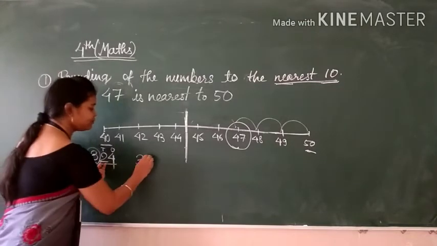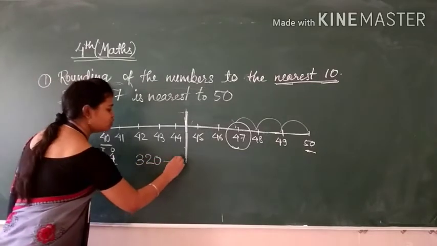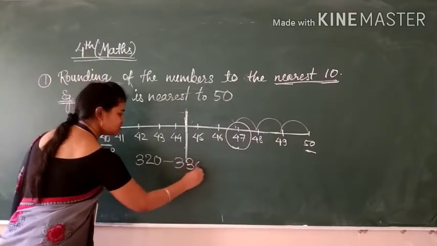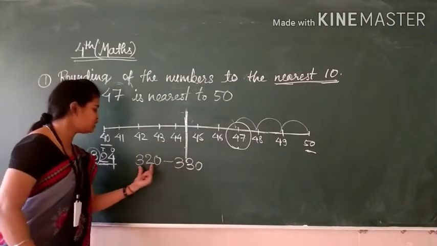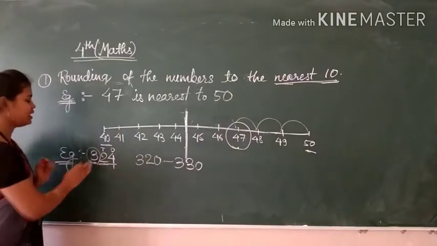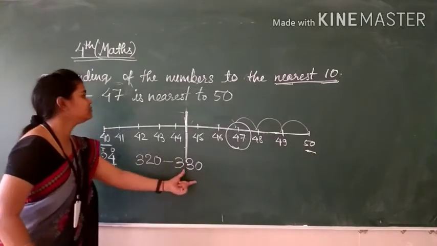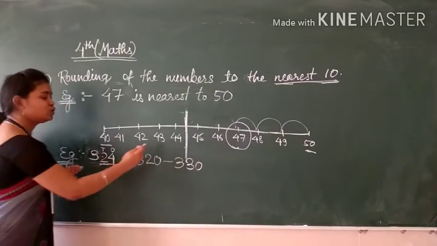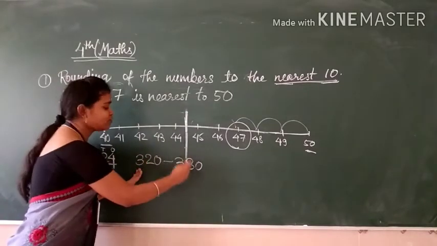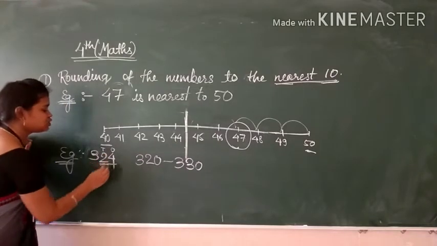24, we take tens as 2. So it is 320 to 330. So in between 320 and 330, this number 324 will come. So it will be nearest to 320 or 330. So this is 24.